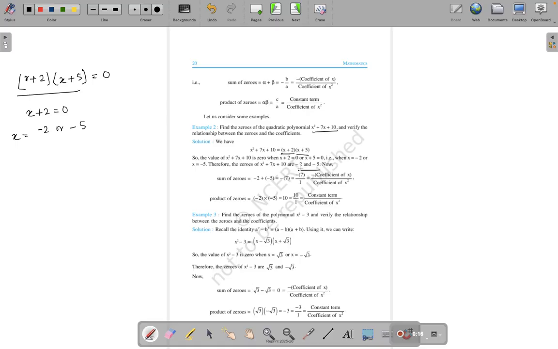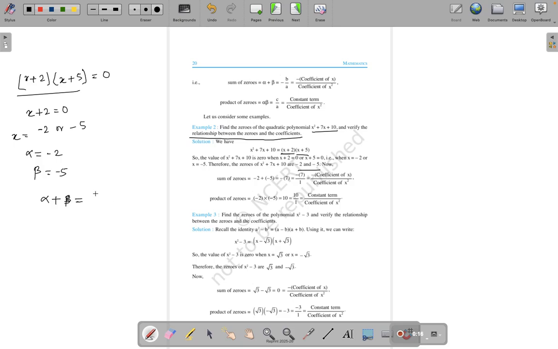Now you have to verify the relationship between zeros and the coefficients. How do you verify this? Add the roots. You'll say alpha is -2, beta is -5. Then you'll write sum of roots: alpha plus beta is -2 minus 5, which is -7.